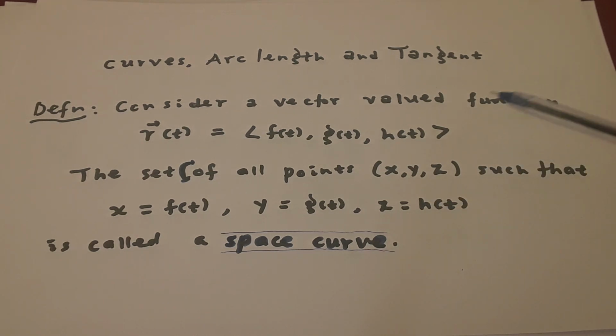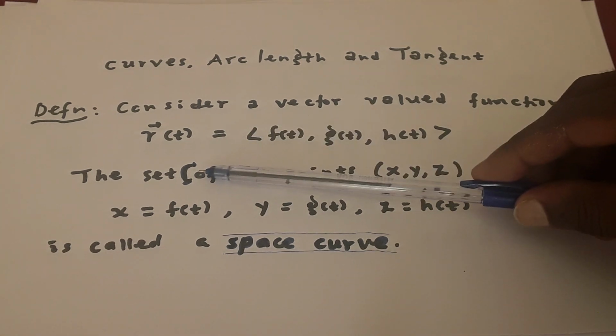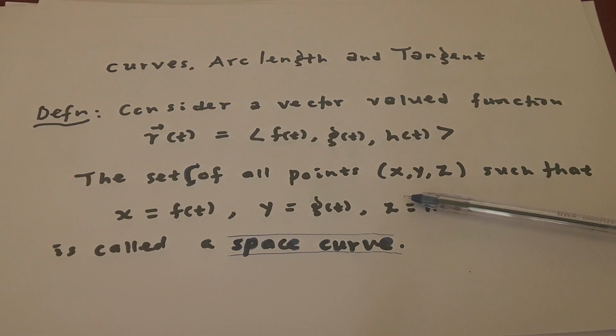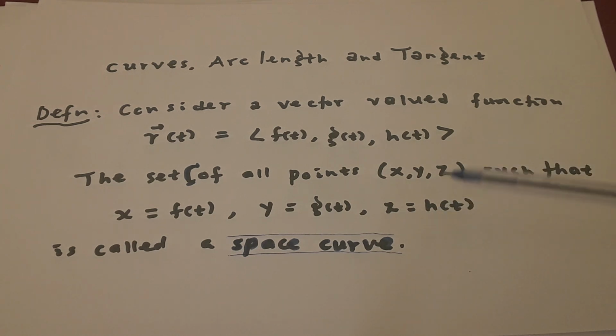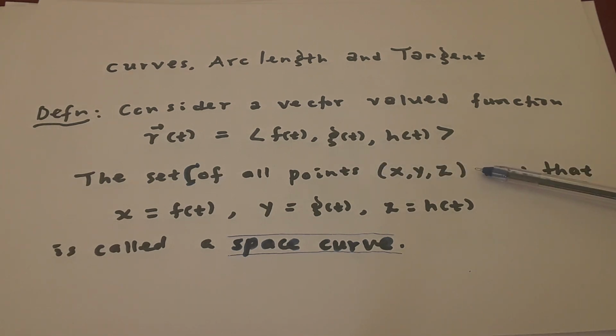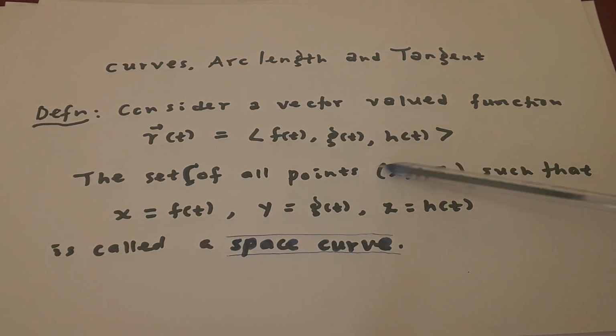We can think of C as being traced by a moving particle whose position at time t is (f(t), g(t), h(t)).